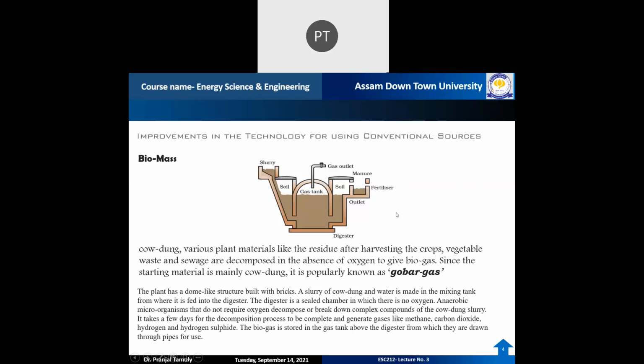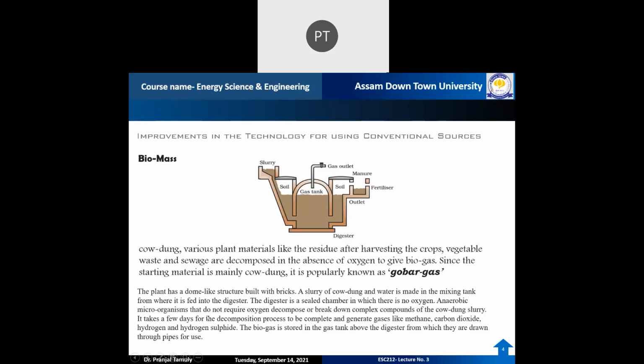So this is the typical gobar gas or biogas plant. The plant has a dome-like structure built in thin bricks. A slurry of cow dung and water is made in the mixing tank, from where it is fed into the digester. The digester is a sealed chamber in which there is no oxygen.